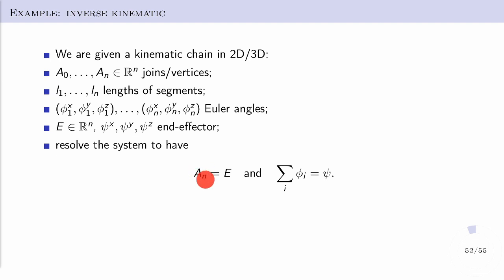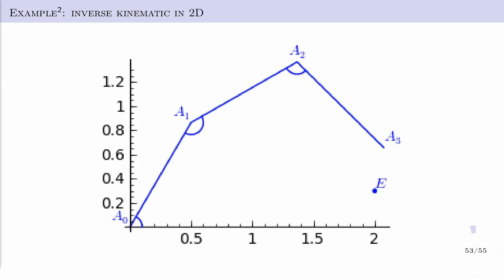So the last point, an, must be placed at the expected position, and the angles must coincide with the expected angle. For simplicity, just to explain it easier, because the method works for 2 and 3 dimensions in the same way, but to fit everything on screen, I will draw it in 2 dimensions.